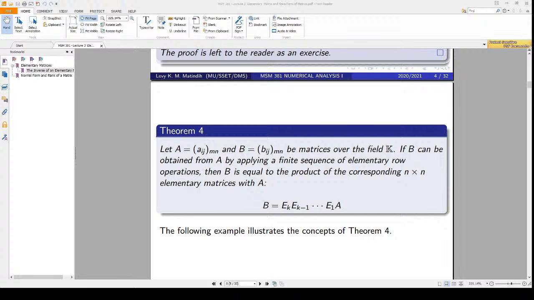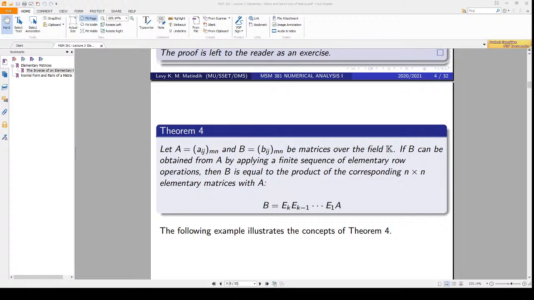You apply the second row operation, you obtain another elementary matrix. So in simple terms, if you obtained the matrix B by applying 3 elementary row operations on matrix A, then you can also apply those 3 row operations on the identity matrix, and you are going to get 3 different elementary matrices.